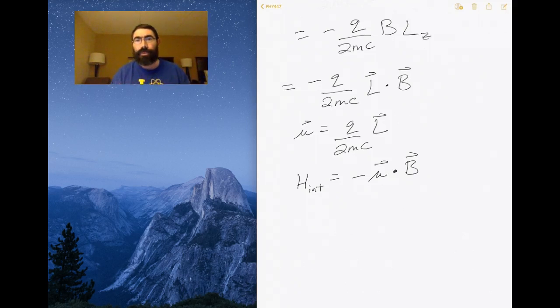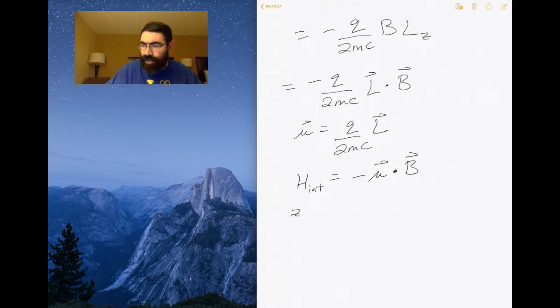So even if we work it out with quantum mechanical operators, we still get the same function of the magnetic moment dotted into the magnetic field.